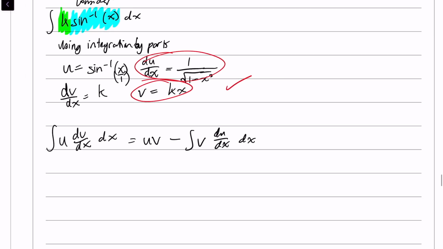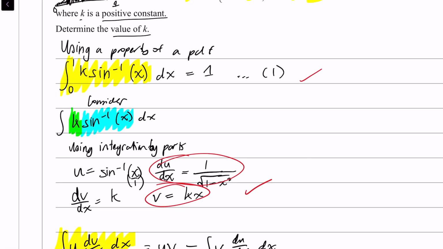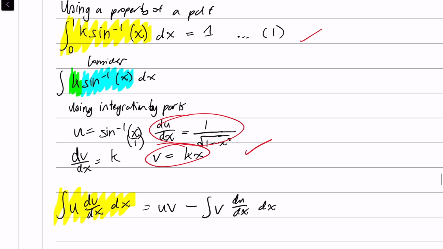And I know that this format here on the left-hand side of the equation follows this format here, excluding the 0 and 1 boundaries, of course, because we're taking an indefinite integral.